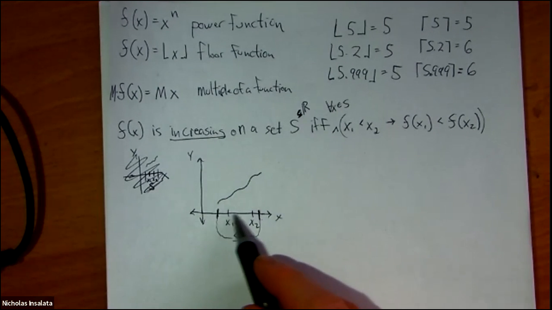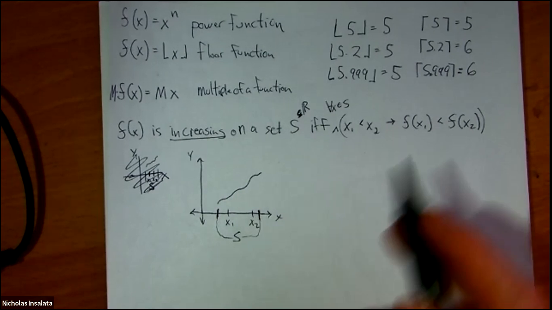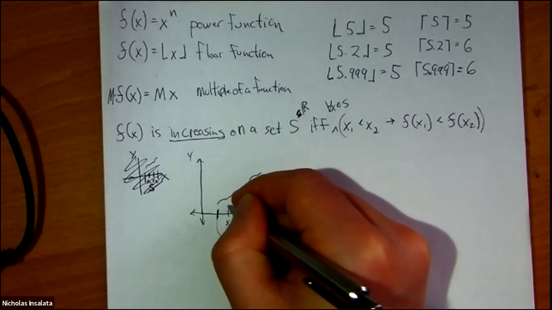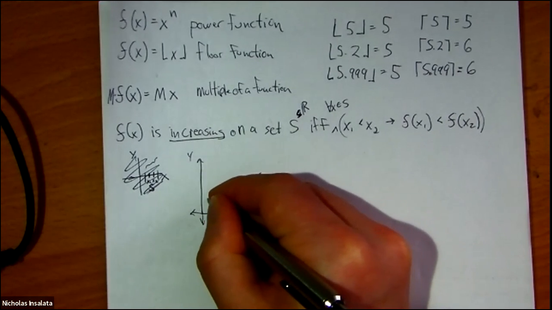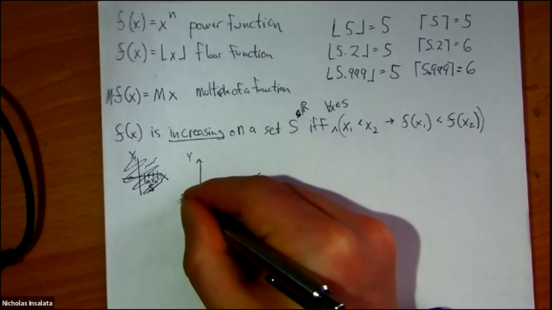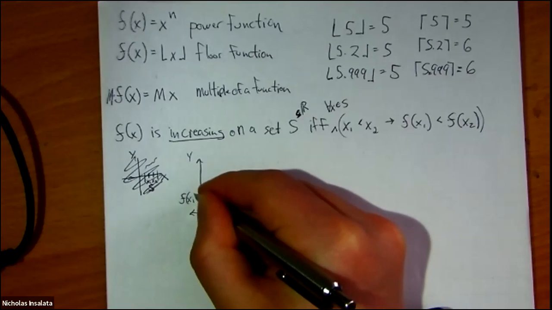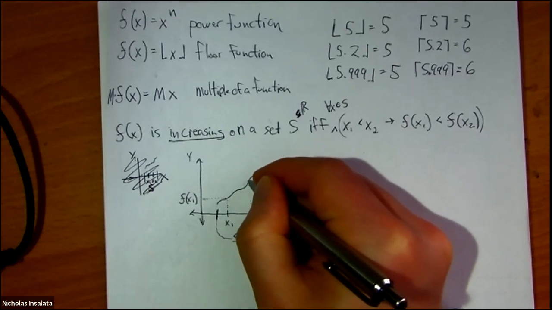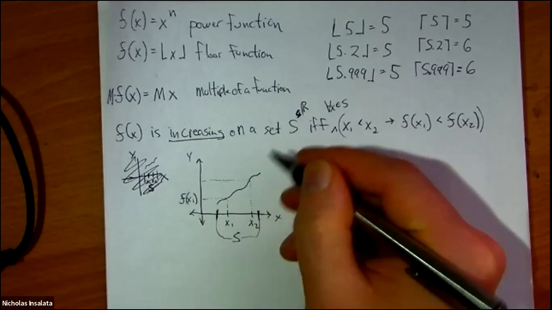X1 is less than X2. So X1 is to the left of X2, means that f of X1, which is the Y value corresponding to it, there's f of X1, right, is less than f of X2.